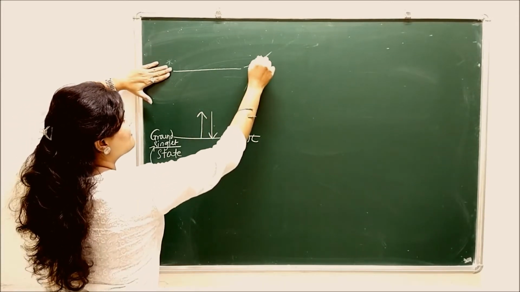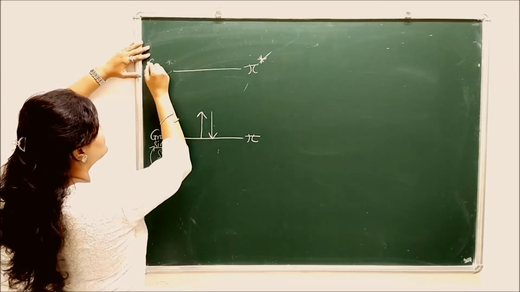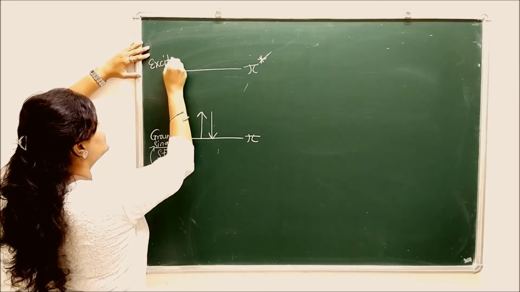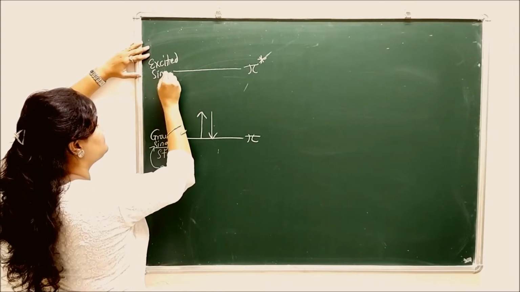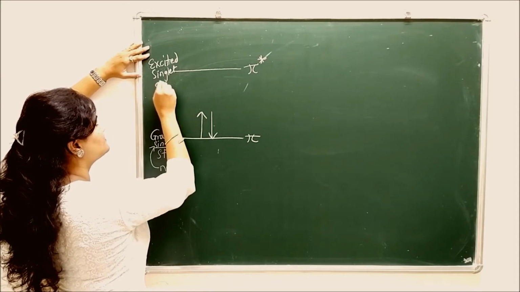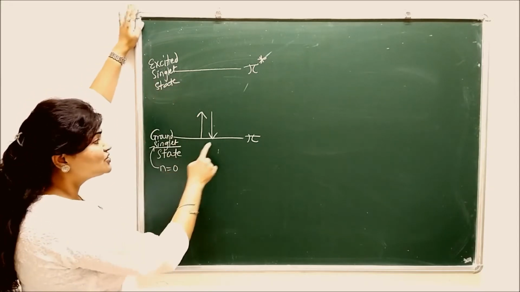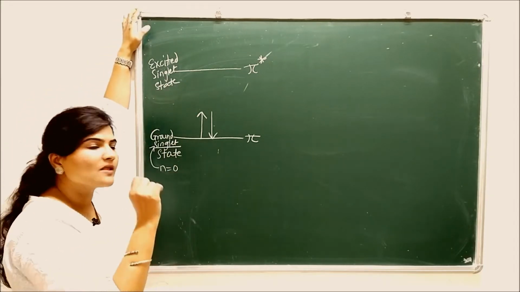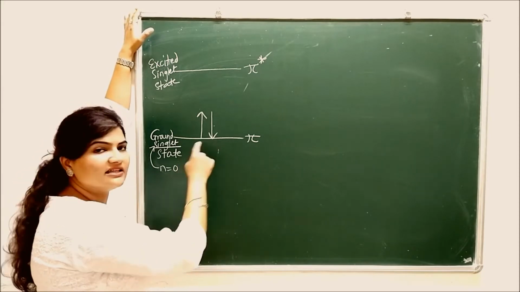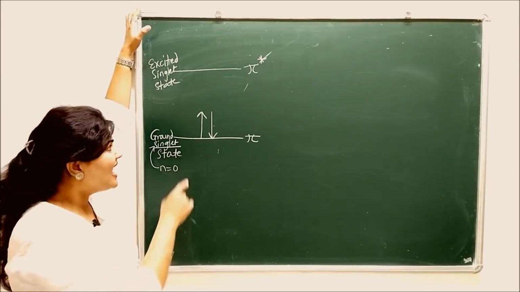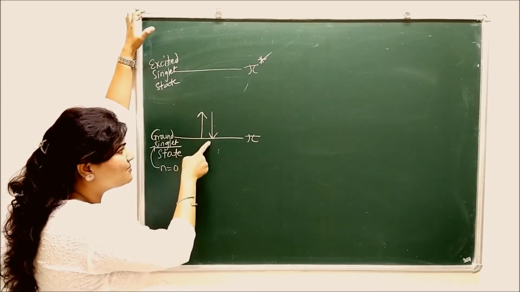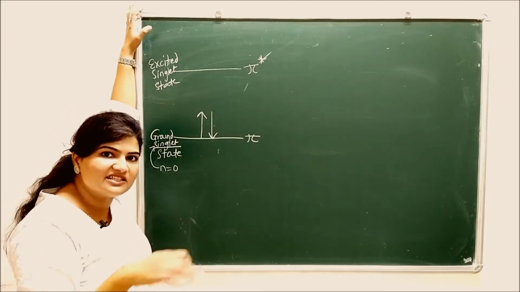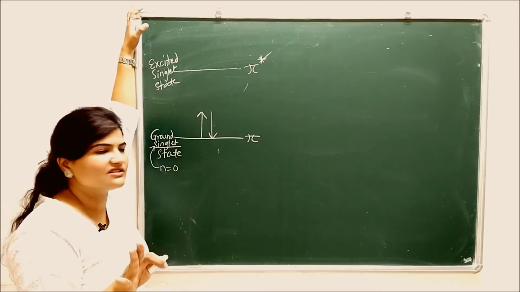This is your pi anti-bonding and this will be excited singlet state. Okay, so now at this moment both the electrons are in the ground singlet state and you can observe the spin is opposite, so the net spin is 0 in this case.